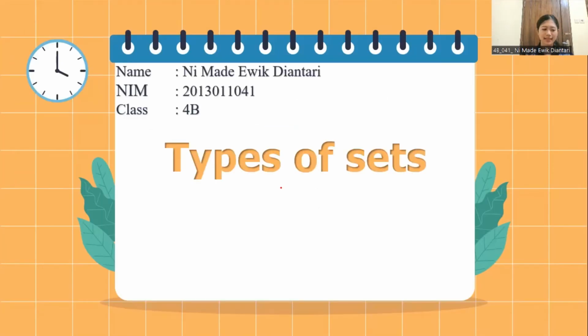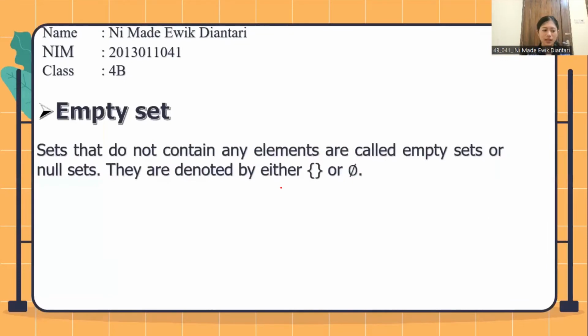Types of sets. There are many different types of sets in mathematics. We will go over them in this section. First, empty set. Sets that do not contain any elements are called empty sets or null sets. They are denoted by either like this or this.